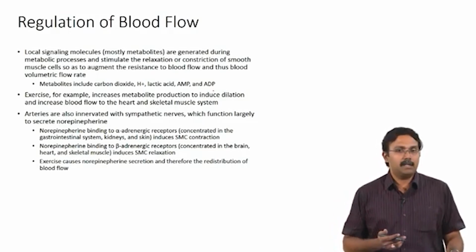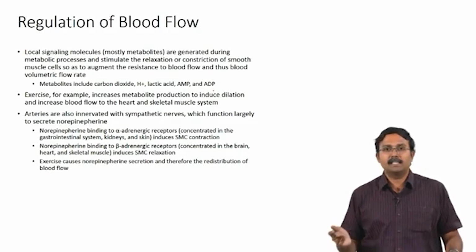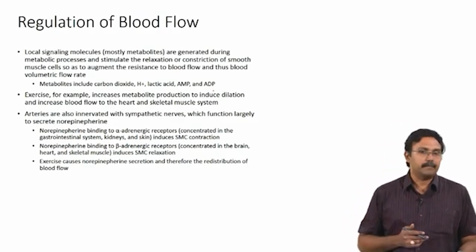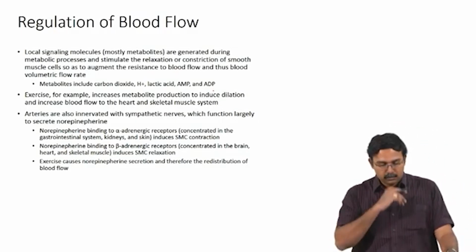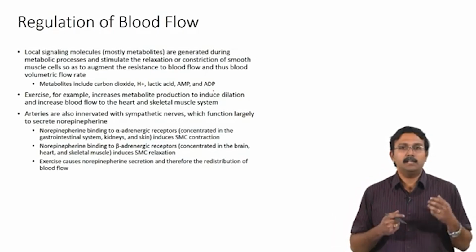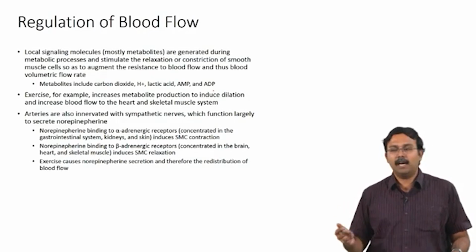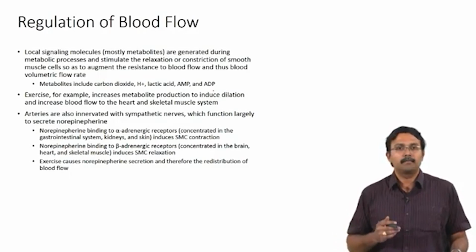Some of these metabolites include carbon dioxide, hydrogen ions, lactic acid, AMP and ADP. So, when you exercise, you can increase this metabolite production, thereby inducing dilation and increasing blood flow to the heart and other skeletal muscle systems.